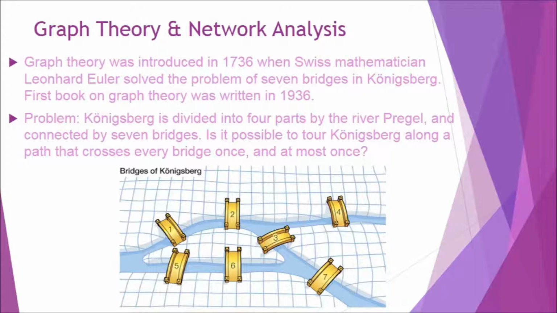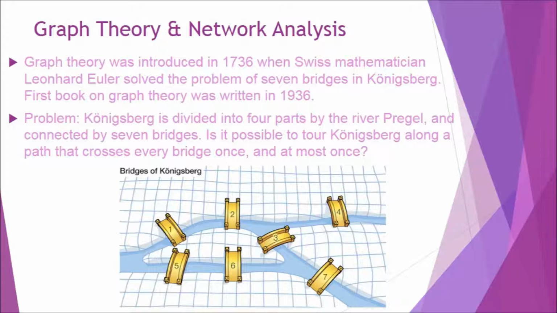Here I will introduce a new topic about the graph theory and a network analysis. So first of all, the graph theory was introduced in 1736 when a mathematician, Leonhard Euler, solved the problem of 7 bridges in Königsberg. So you may have heard this, you may have not. So in this diagram you see here, there are 7 bridges labeled 1 to 7, and there are actually 4 different land sections.